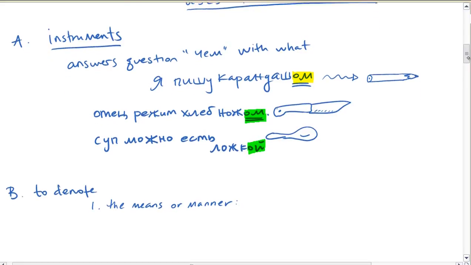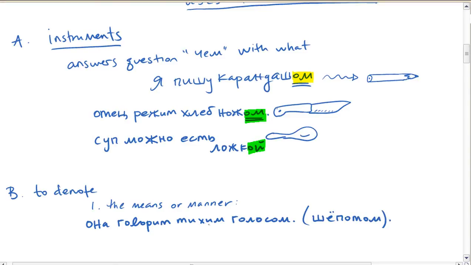We also use the instrumental case to denote the manner in which something is done, right? So it's kind of like what we were just doing with instruments, but this time, for example, она говорит тихим голосом, or шепотом.